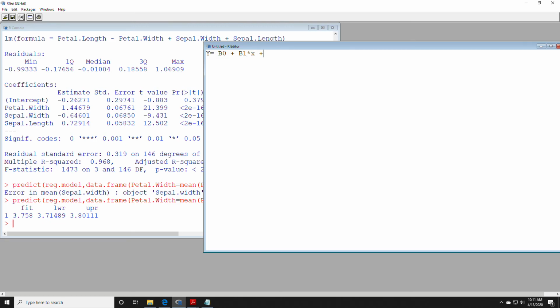What you can do is add a higher order term of x squared. Squares are curves. So what we could add is plus beta 2 times x squared. So beta naught plus beta 1 x plus beta 2 times x squared.